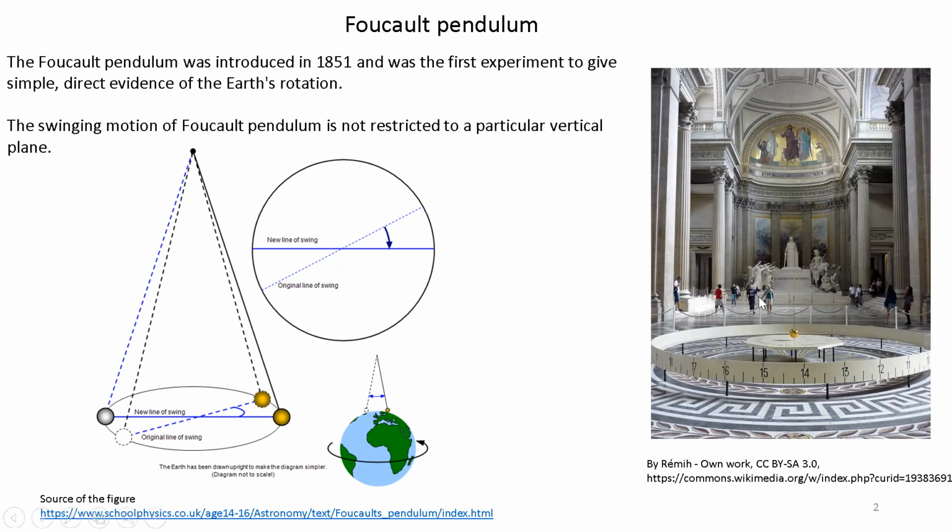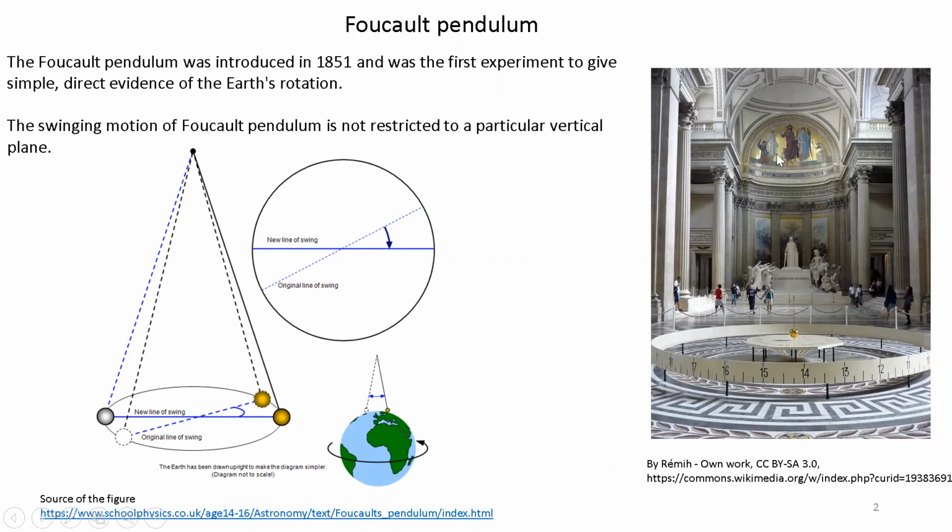So the setup is the following. The Foucault pendulum is essentially a pendulum that you have learned about. You can imagine a simple pendulum with a string and a mass. Okay, so this is a picture.